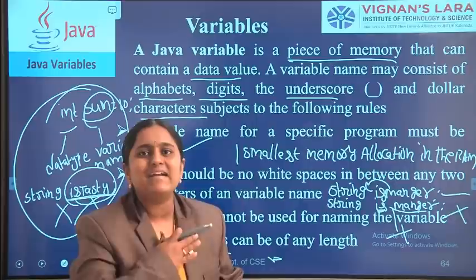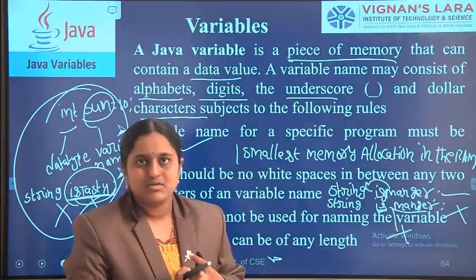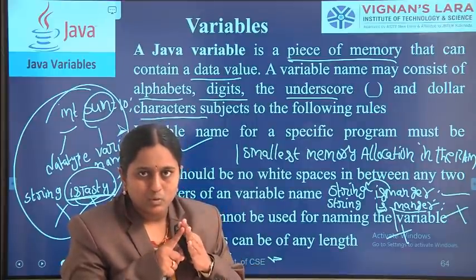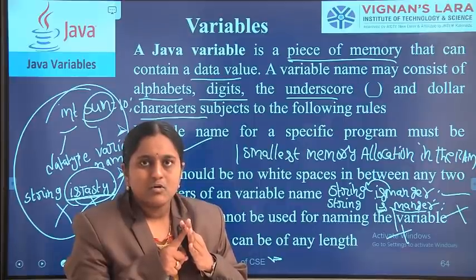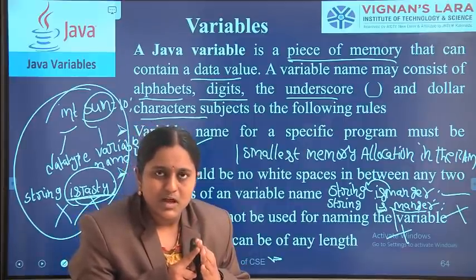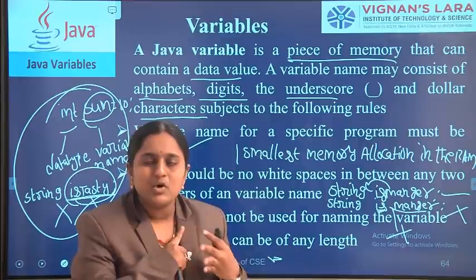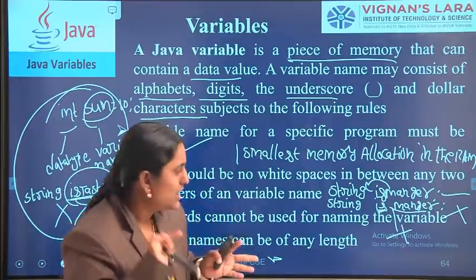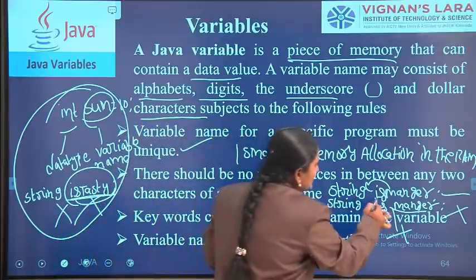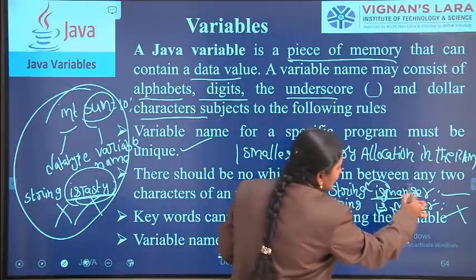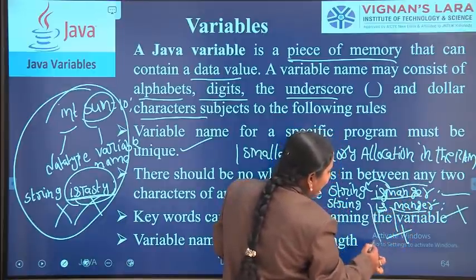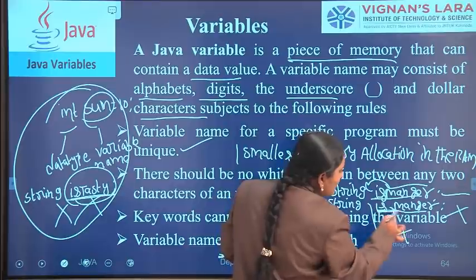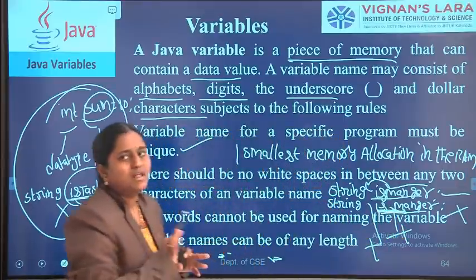So you have to remember two points: a variable name for a specific program must be unique, and there should be no white spaces when declaring a variable.